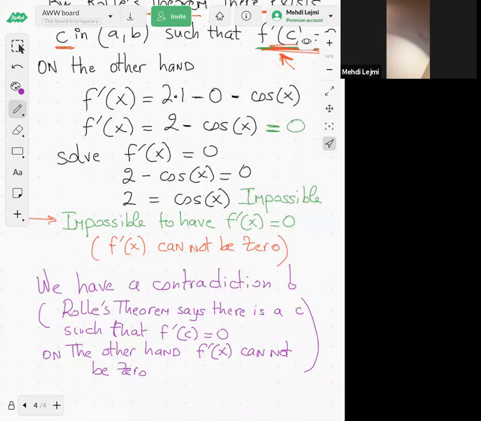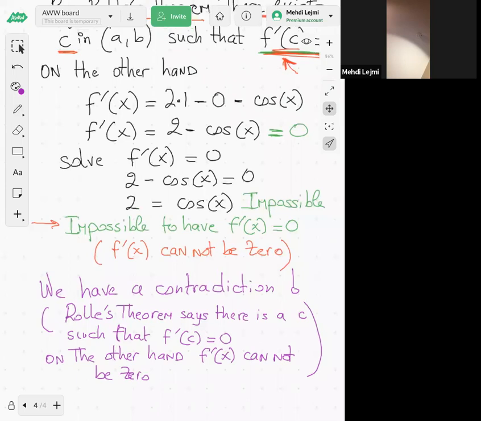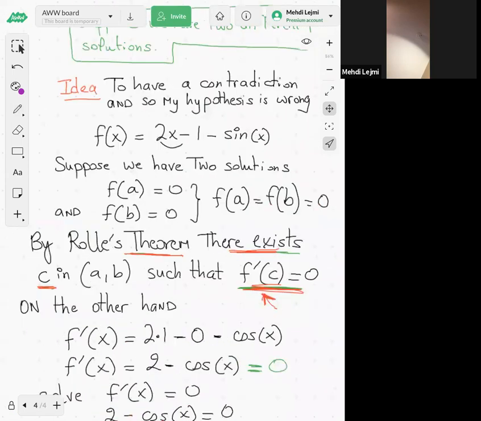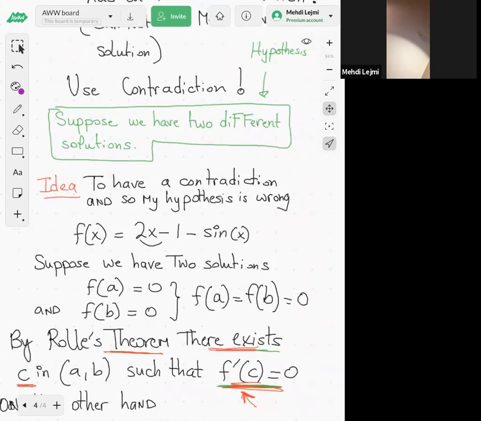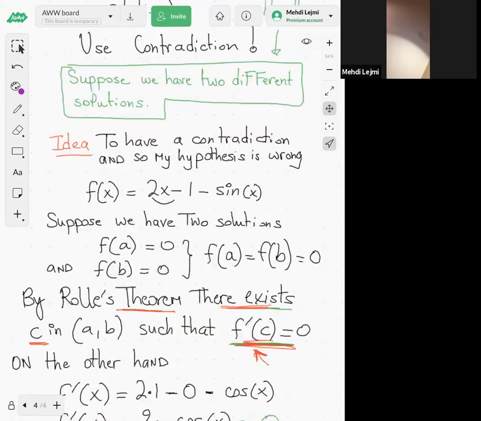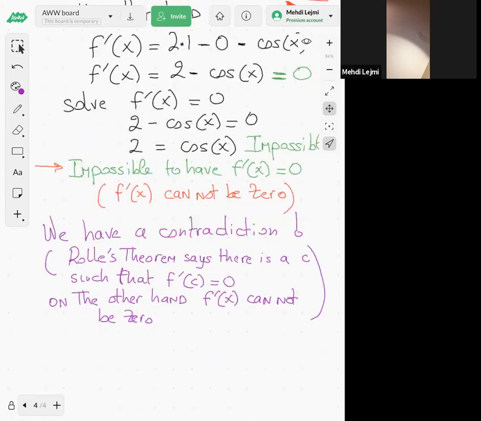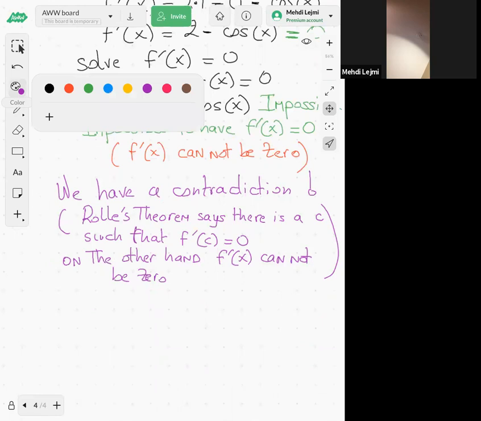So if we have a contradiction, then our hypothesis is wrong.